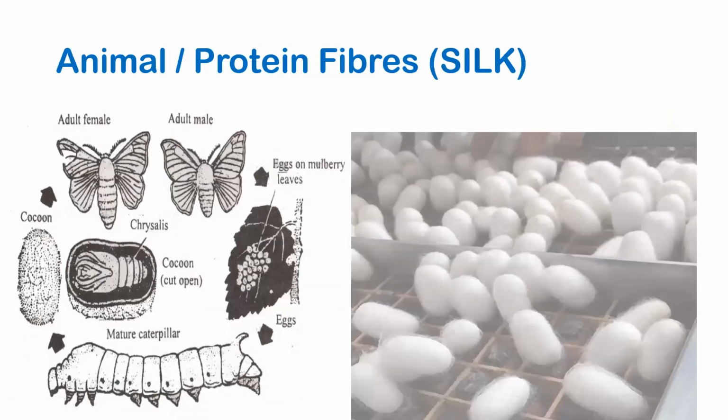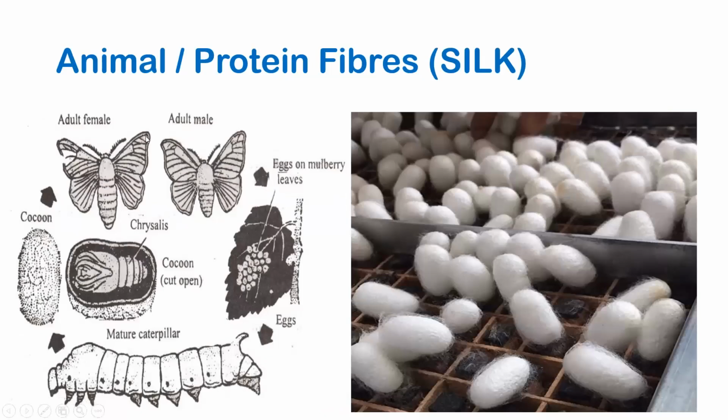So animal fibers. As I said, we get silk from butterfly. The silk moth will produce the eggs. The eggs will hatch into larvae or the caterpillar. Then the caterpillar will cover itself with its saliva, and it becomes like an egg.